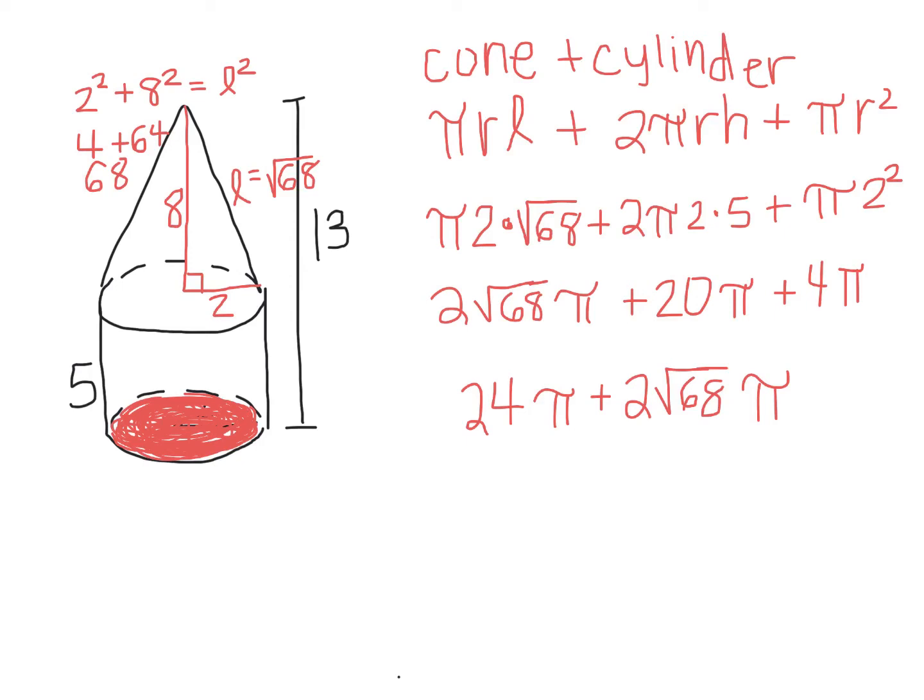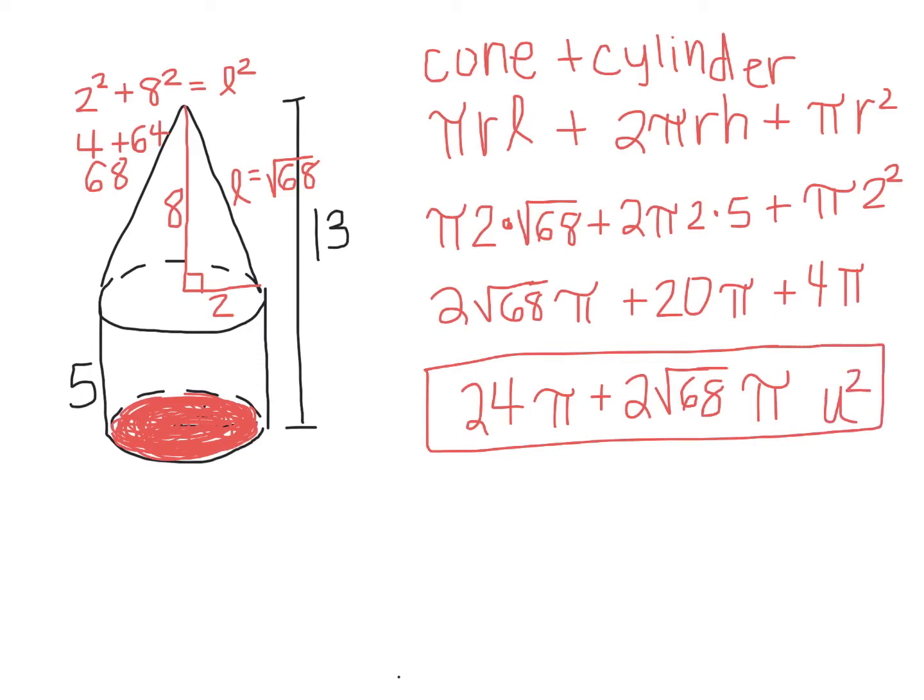So we're just going to leave our answer like this, and this is surface area, so this would be square units. Or if you want to plug that into your calculator, let me give you a rough idea of what this would be.